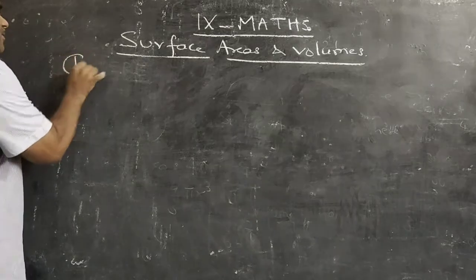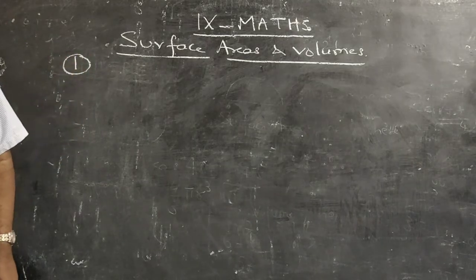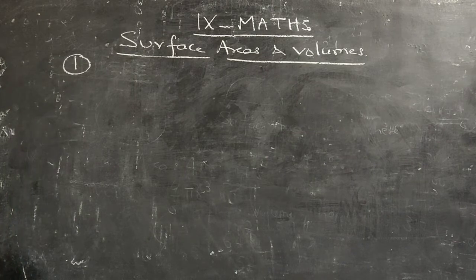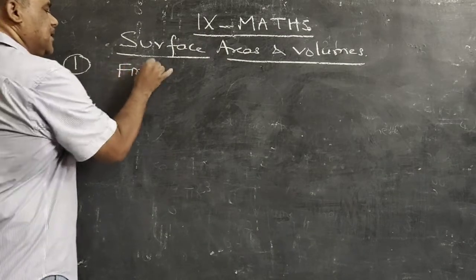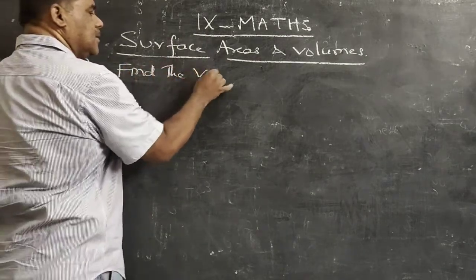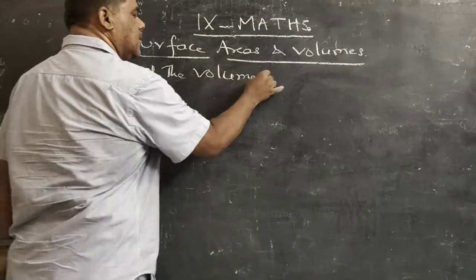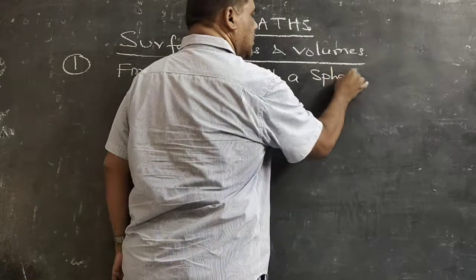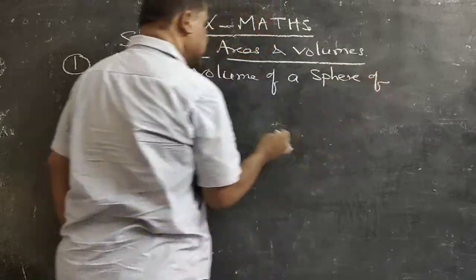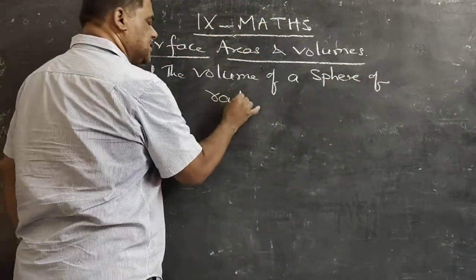Right, first one. Find the volume of a sphere of radius 6.3 centimeters.